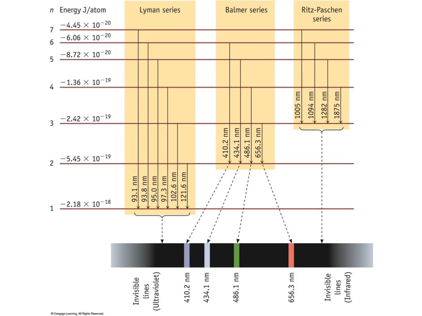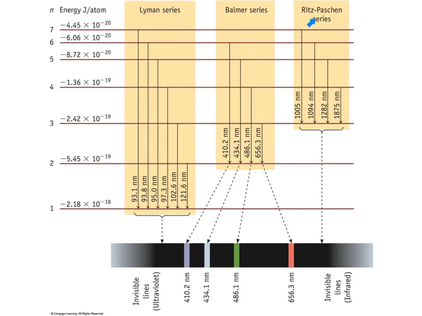Two other important series are the Lyman series, which are transitions of 7, 6, 5, 4, 3, and 2, all down to 1. We are not able to visually see those because the wavelengths that those give off are in the ultraviolet portion of the spectrum.